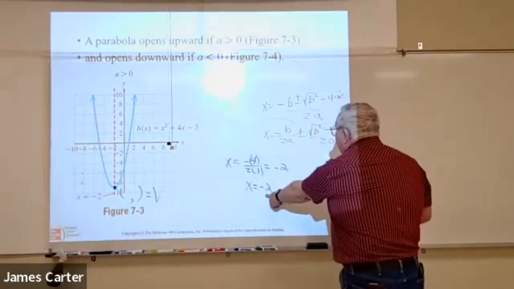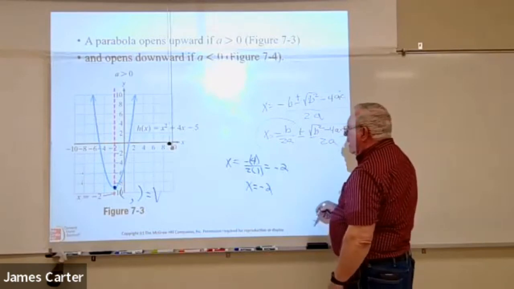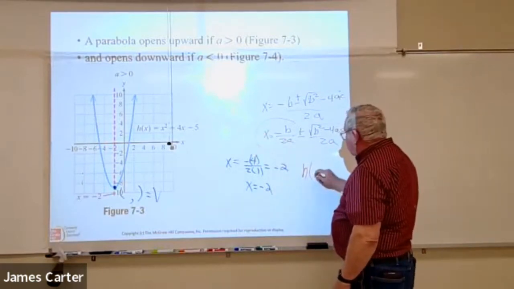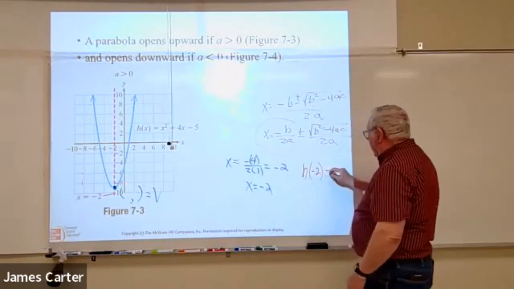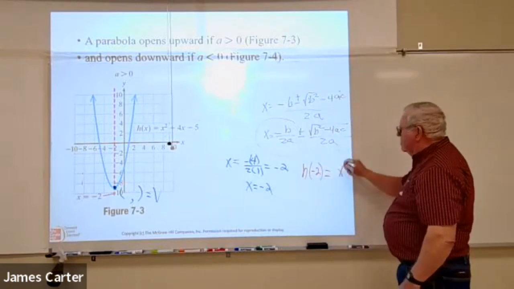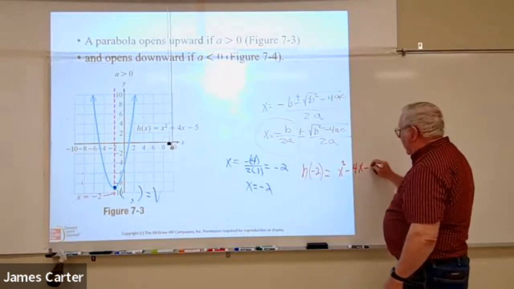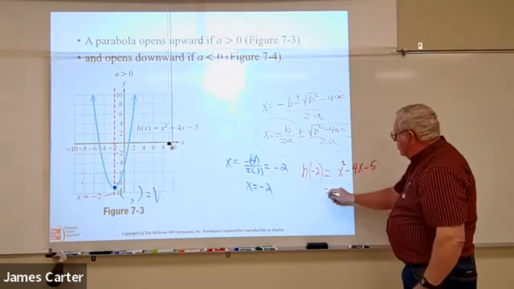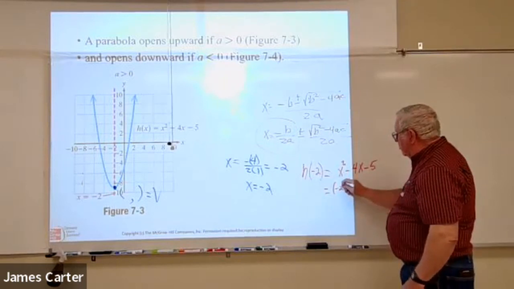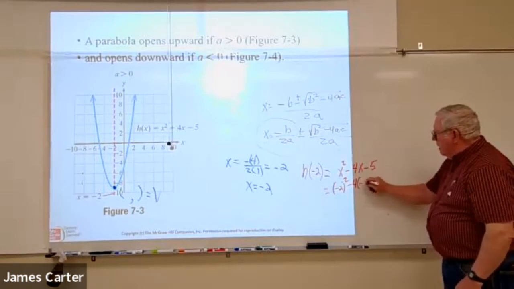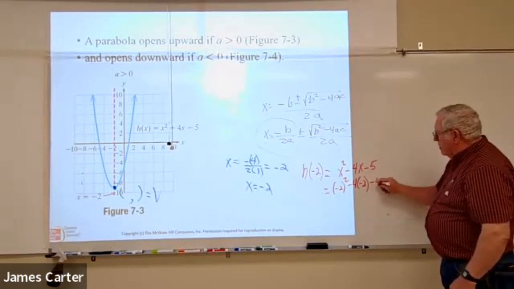I take this value and I substitute it into that equation. Now, technically, that would be written this way: x squared minus 4x minus 5. And when I substitute that, I would have -2 squared minus 4 times -2 minus 5.